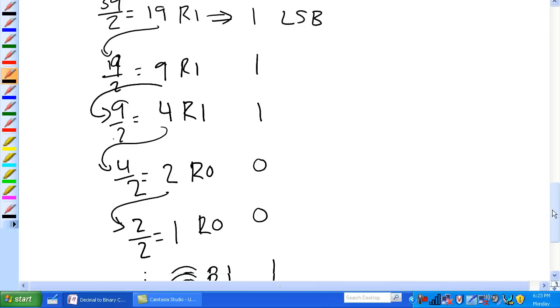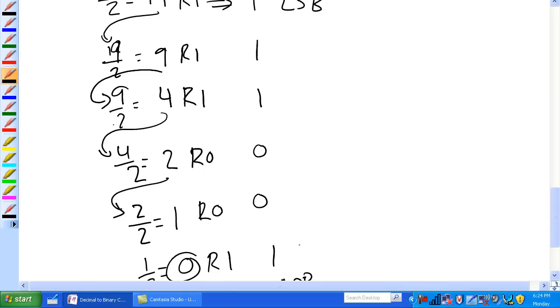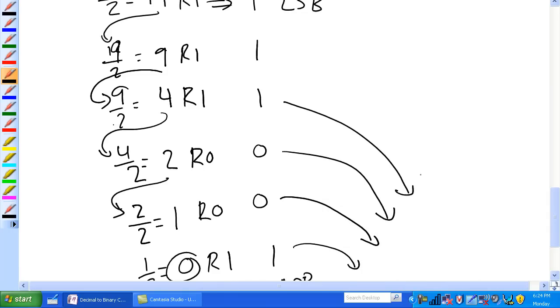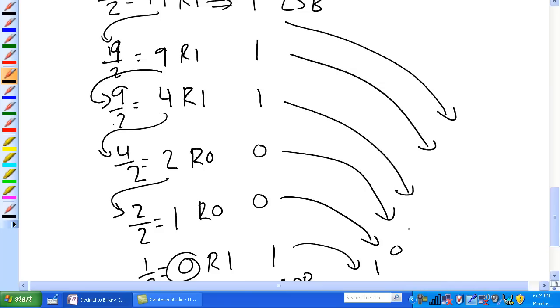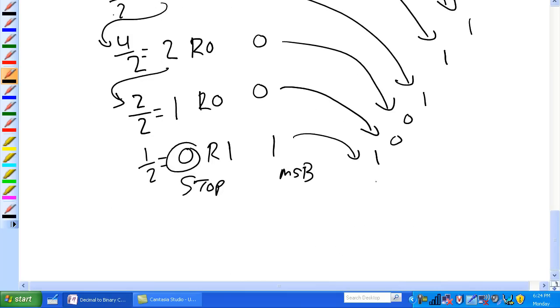Again, kind of drag and drop everything. Sorry, it's on a couple pages here. So it's 1, 0, 0, 1, 1, 1. Check your work. I'll rewrite it. Okay, so check our work.